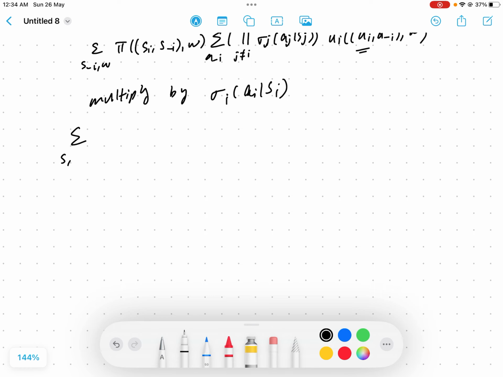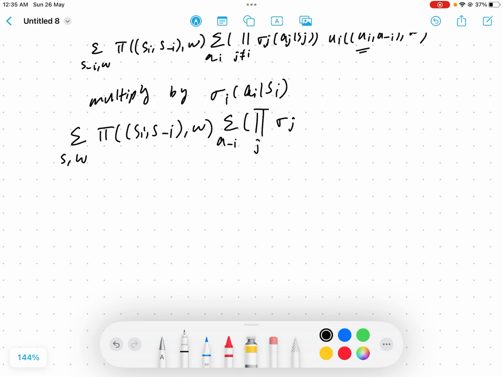So the summation over s and omega. Now s_minus_i becomes s here, and for the pi, it's pi(s_minus_i, omega), a_minus_i, the product, and here we have this j. And because we have the sigma_i multiplied, this also includes i.